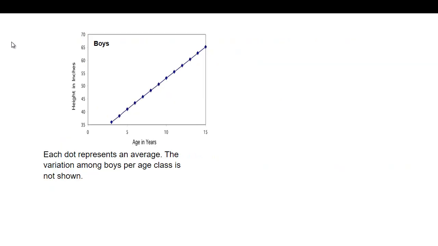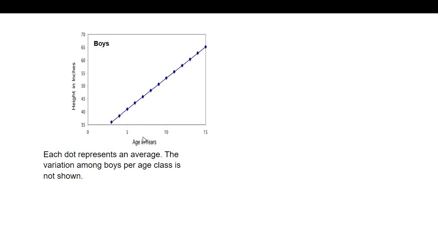So here's an example. Imagine that we are studying the relationship between age and height of boys. We pick a sample of, let's say, 5-year-old boys, and for that sample we take the average height, and it turns out to be about 43 inches.